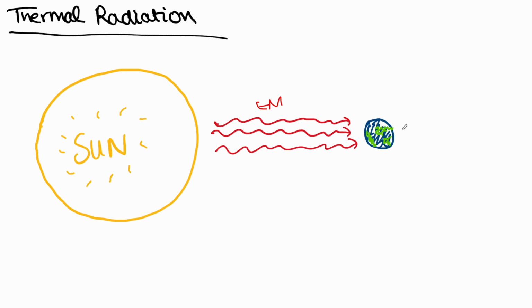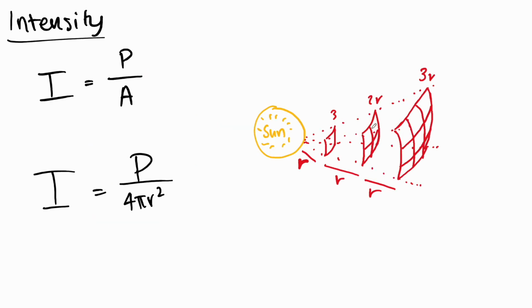This is an important type of heat transfer because it's the only one that can go through a vacuum, so it doesn't need a medium to go through. For example, convection and conduction, they both need a substance to convey the heat energy. So, yeah. Then we have to look at intensity.